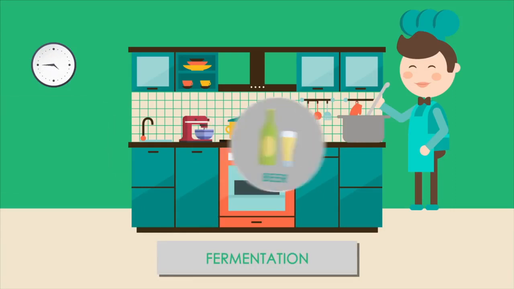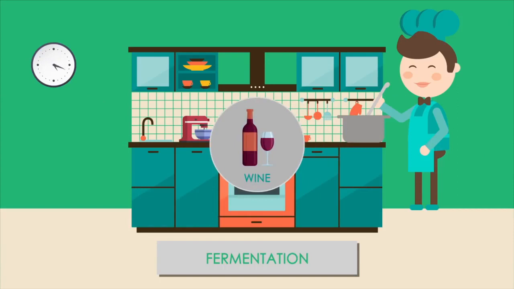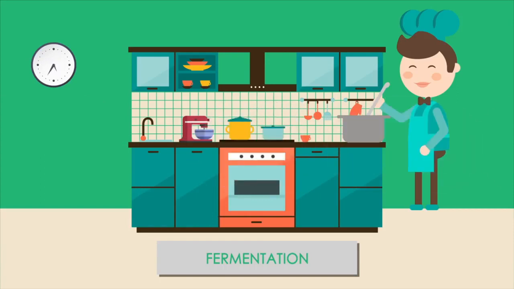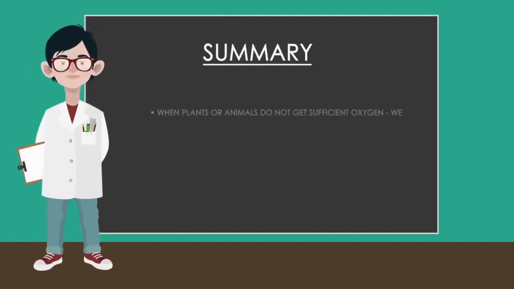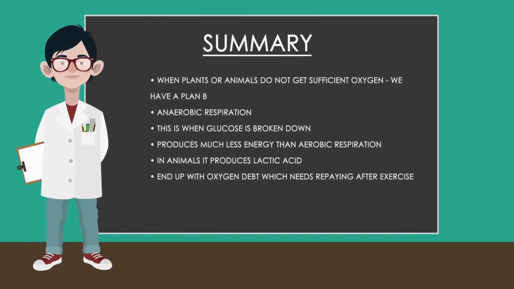Ethanol is the alcohol found in beer and wine, for example. And in bread making, it is the carbon dioxide that is useful. The bubbles of carbon dioxide help the bread rise by expanding the dough. So you should now know that when our heart and lungs cannot keep up with the oxygen demand, or plants do not have access to sufficient oxygen, we have a plan B, anaerobic respiration.